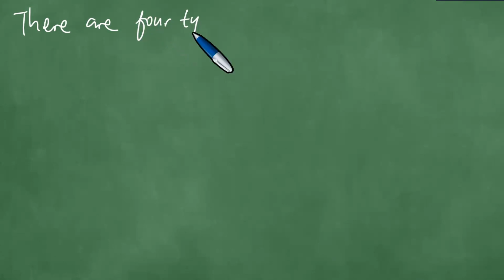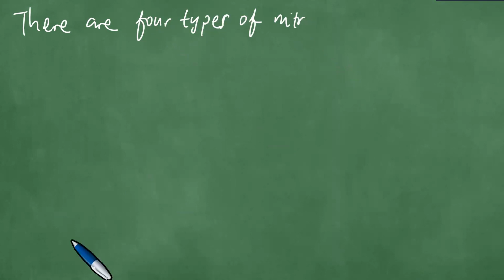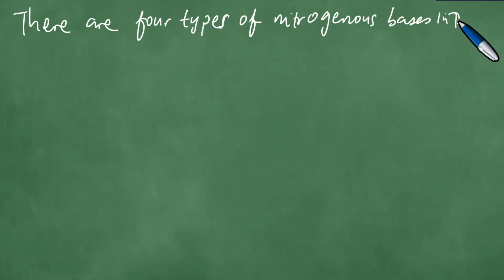And we note here that there are 4 types of nitrogenous bases in DNA.